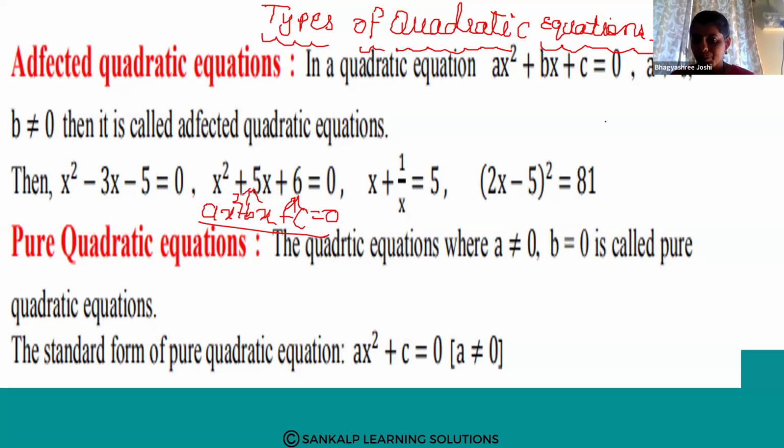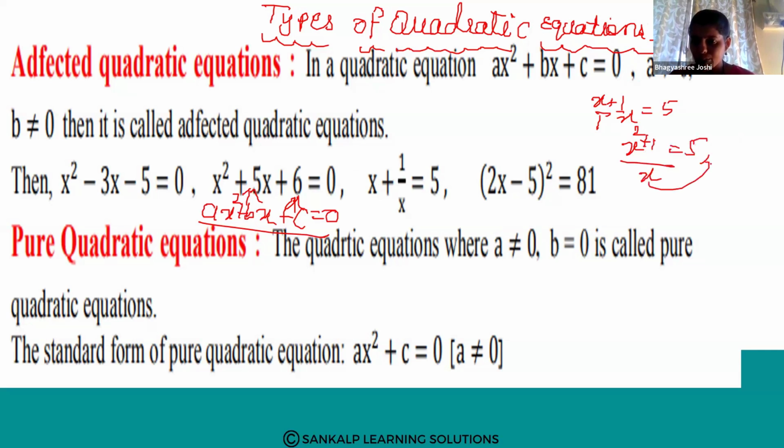So x plus 1 divided by x is equal to 5. You may ask, how can it be a quadratic equation? See, x into x is x square, and the LCM is x. So x square plus 1 divided by x is equal to 5.